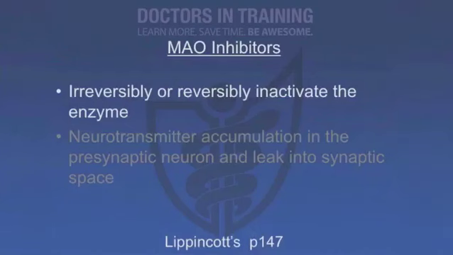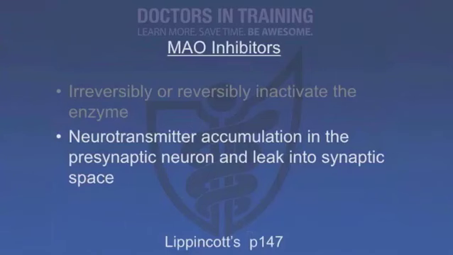MAOIs may irreversibly or reversibly inactivate the enzyme, permitting neurotransmitter molecules to escape degradation. Therefore, they accumulate within the presynaptic neuron and leak into the synaptic space. It's believed to cause activation of norepinephrine and serotonin receptors, and it may be responsible for indirect antidepressant action.